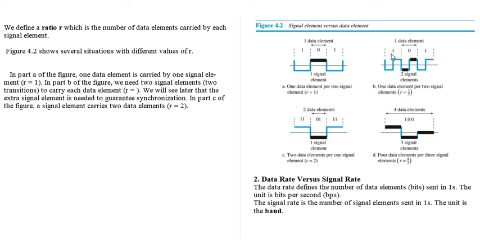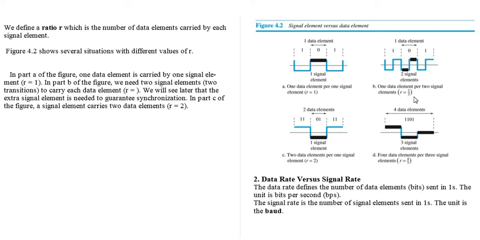Data element is 1, and how many signals do you need to send this 1 bit? You need 2 signals. That is what they have represented in black code. So R is equal to 1 data element divided by 2 signals. Therefore R is equal to 1 by 2.